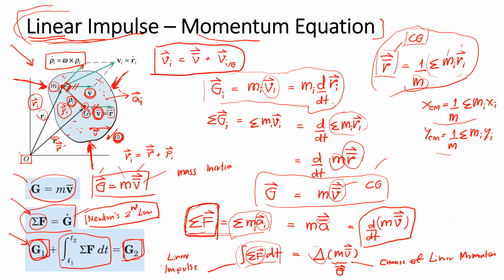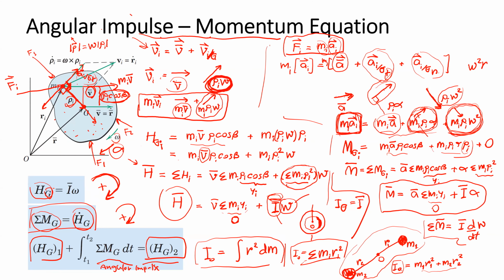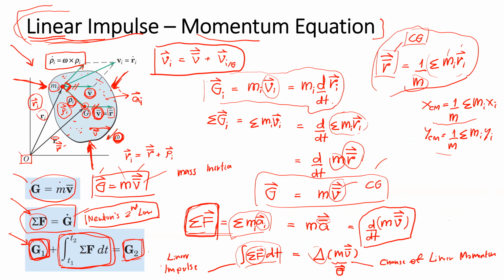Linear impulse affects the change in the linear momentum. Angular impulse, the integral of moment dt, affects the change in the angular momentum. And the angular momentum is the moment of inertia multiplied by the angular velocity.